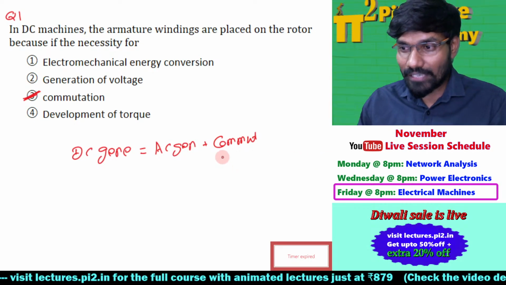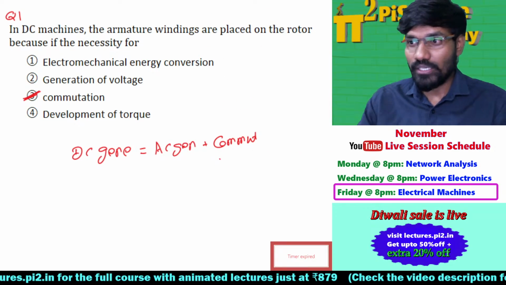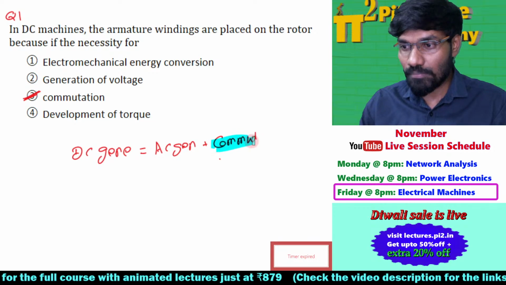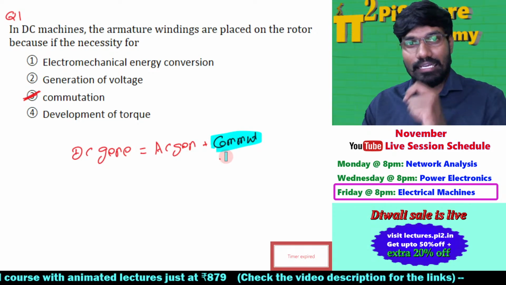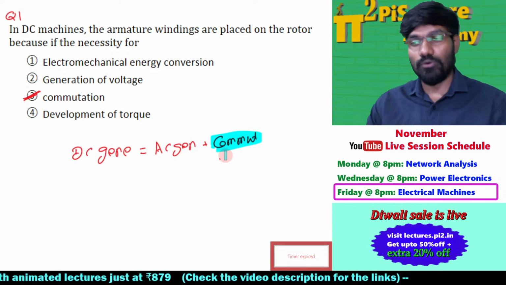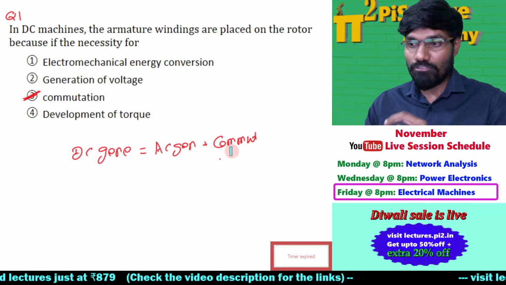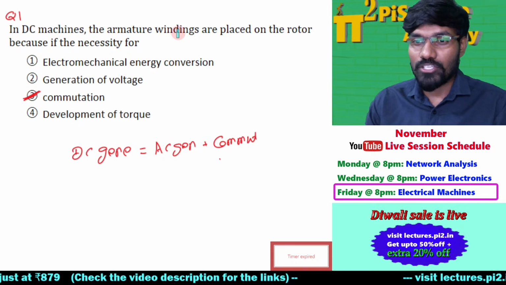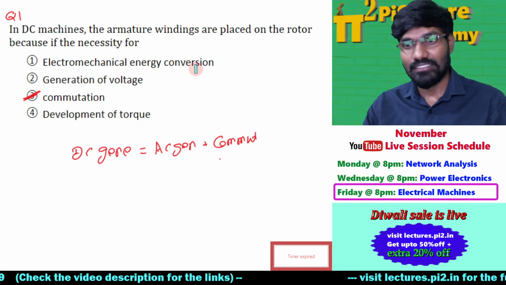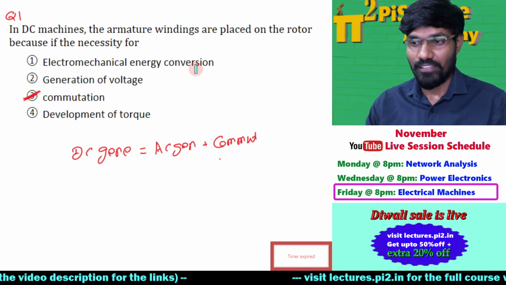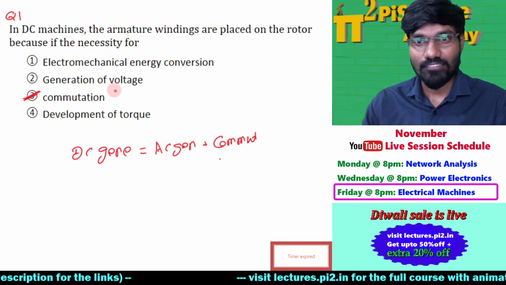And to make commutation possible, the commutator must be on the rotor. If the commutator has to be on the rotor, obviously the armature also must be on the rotor. That's it. So the answer is C.